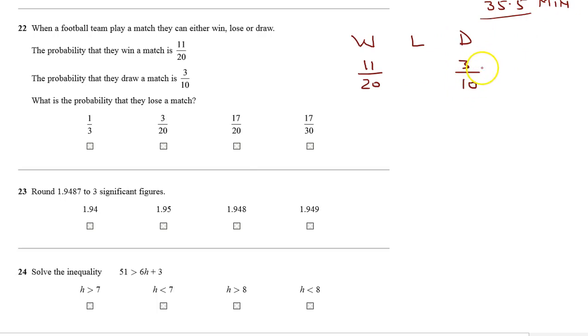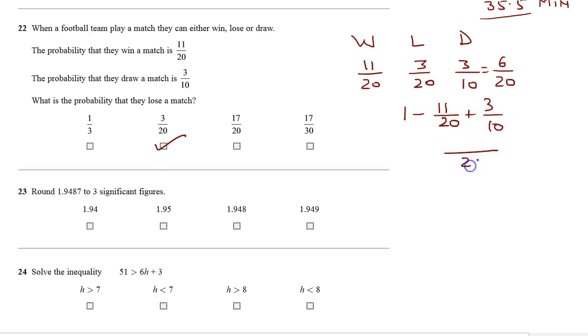3/10 can be written as 6/20. Now 11 and 6 is 17, so the answer is 3/20. This is the easiest way to calculate it to save your time. Another method is 1 minus 11/20 plus 3/10.